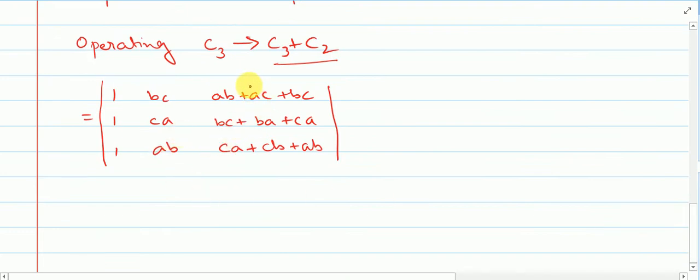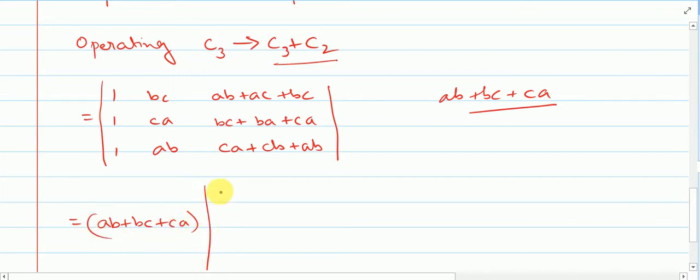You observe that in the third column you have got this common AB plus BC plus CA. So you get AB plus BC plus CA, done, and then 1 1 1, BC, CA, AB, 1 1 1.